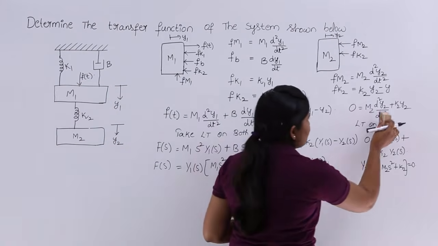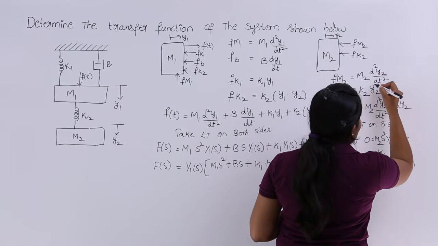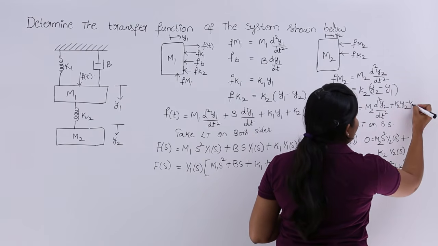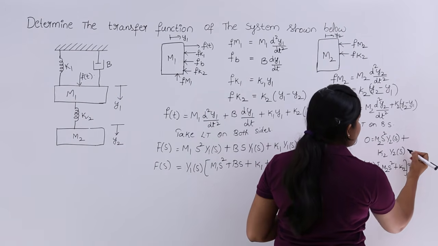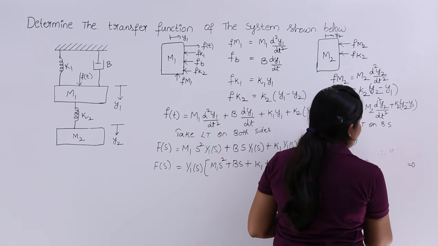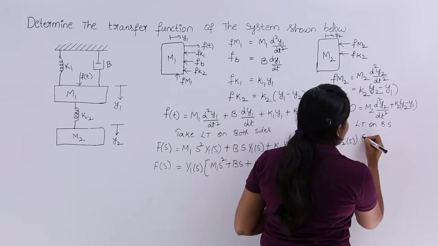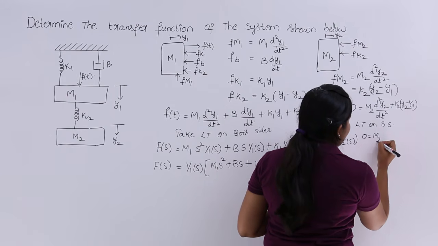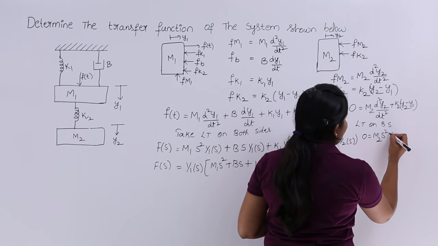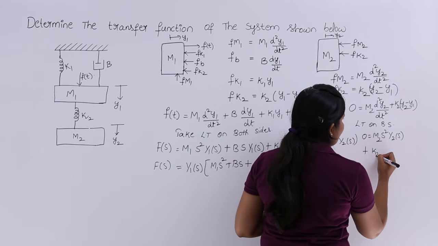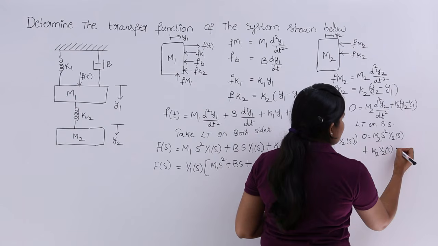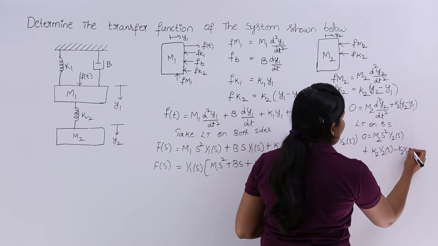This is a small mistake we made here, so y2 minus y1 we need to consider. By taking Laplace transform, you are going to get 0 is equivalent to m2 s square y2 of s plus k2 y2 of s minus k2 y1 of s.